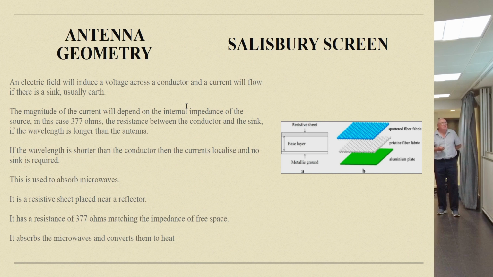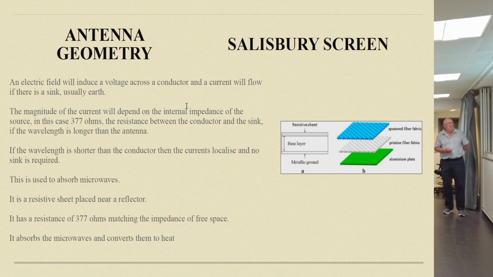Well, we all know that, that's exactly the business we're in. Now the magnitude of the current would depend on the internal impedance of the source. If it's a radio wave, a microwave for example, coming in, then the source is free space, and so we know the value of that is 377 ohms. Okay, we know that.